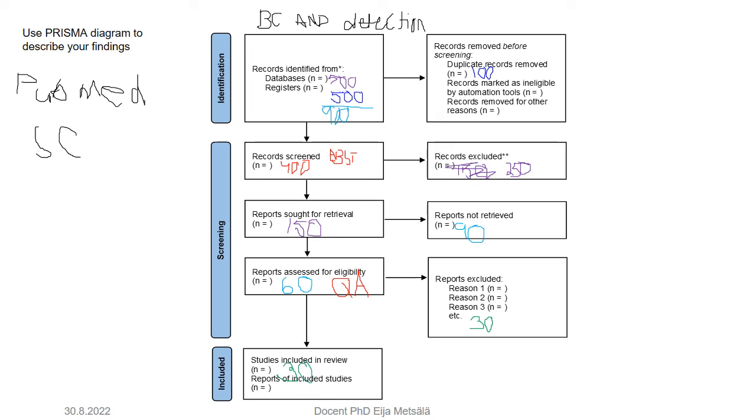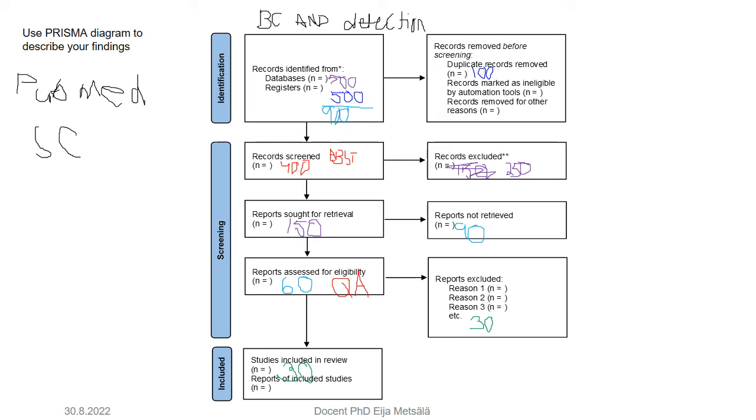And as you can see, we have documented the search process very rigorously all the way, and even the reasons for exclusion we document here into this figure very rigorously. There can be various reasons.